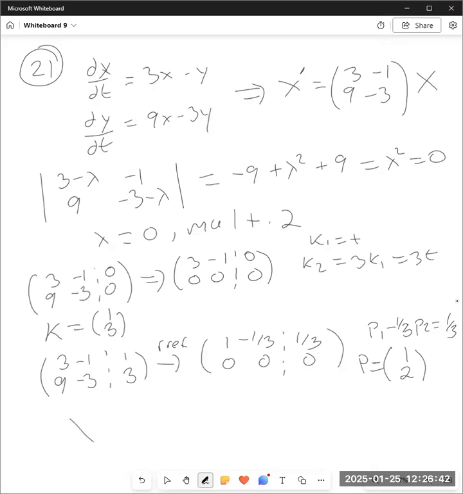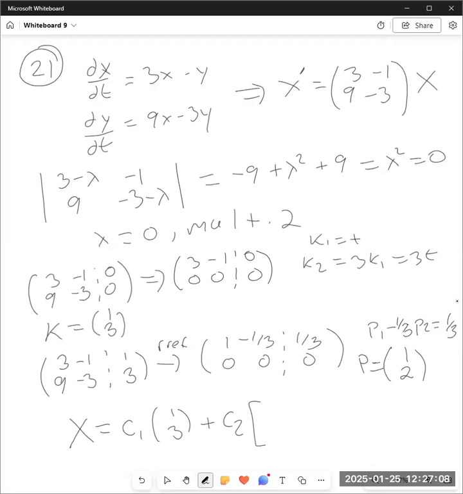So then capital X, my solution here, is going to be C1 times K e to the lambda T, but that's to the 0 power, so I don't need that. And then plus C2, and then we're going to open a bracket, because there's going to be parentheses and parentheses.